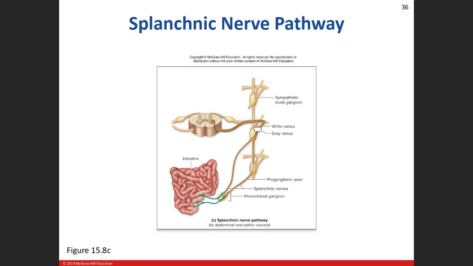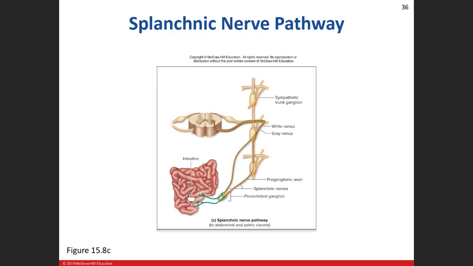It varies. The point is, it's going to pass right through without synapsing and go find that prevertebral ganglia: the celiac, superior mesenteric, or inferior mesenteric ganglia. It'll synapse there. Then the postganglionic neuron is going to travel to the effector organ.